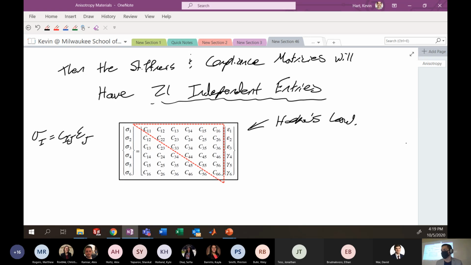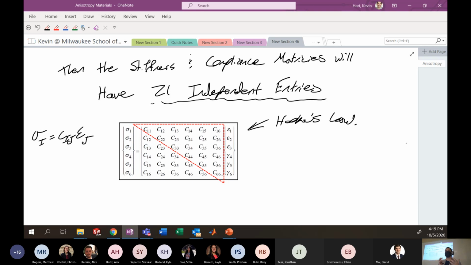We can write G is E over 2 times 1 plus nu. So to define an isotropic material, you only need 2 material constants. An example might be your elastic modulus E and your Poisson's ratio nu. Another example might be the Lamé parameter lambda and the shear modulus G. Any 2 independent material parameters like that can be used to define an isotropic material.